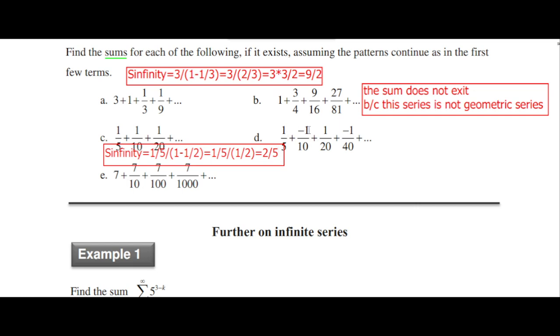Let's see question D. Let's compute the common ratio r: minus 1 over 10 divided by 1 over 5 is minus 1 over 2. Yes, it is correct.